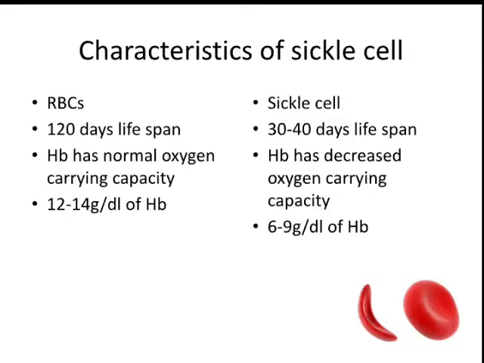So the patient will show signs of anemia and lack of oxygen, and 6 to 9 gram of hemoglobin is seen in a sickled RBC. So compared to a normal RBC, the sickle cell has almost half of the hemoglobin only.